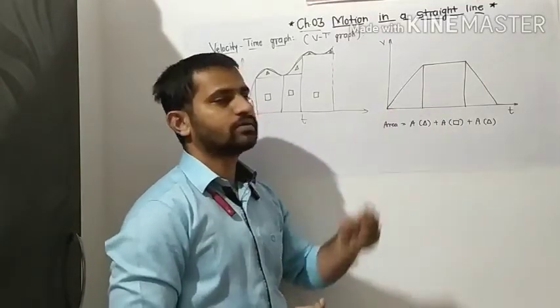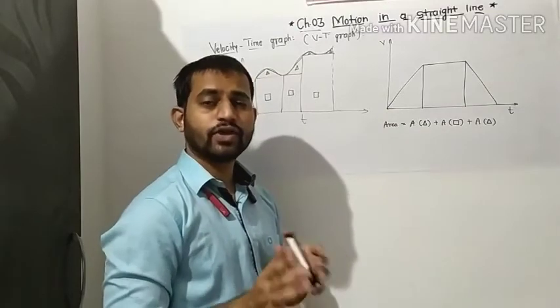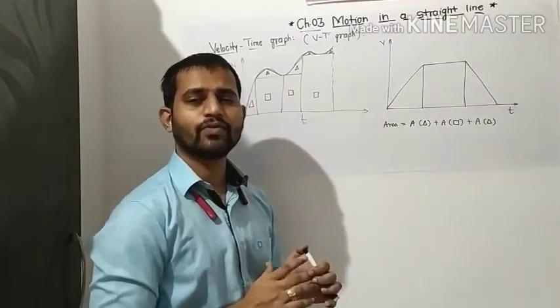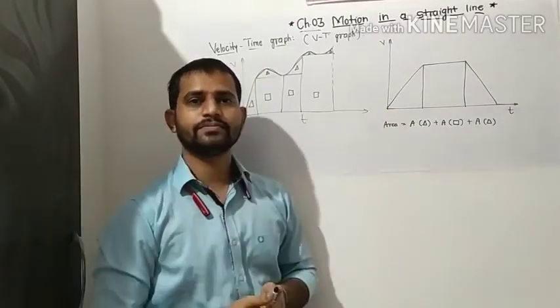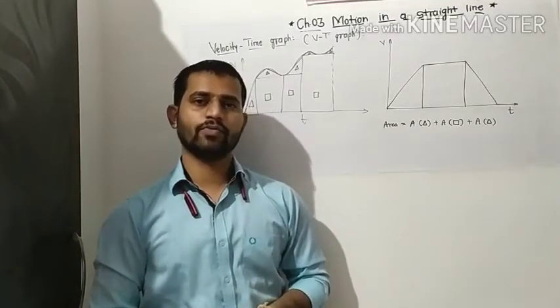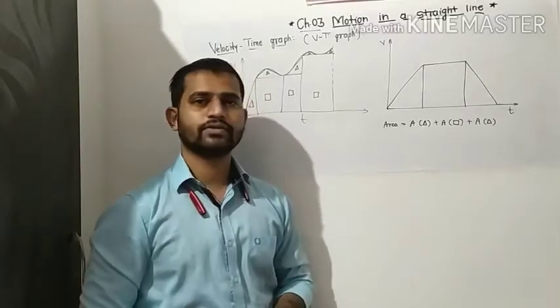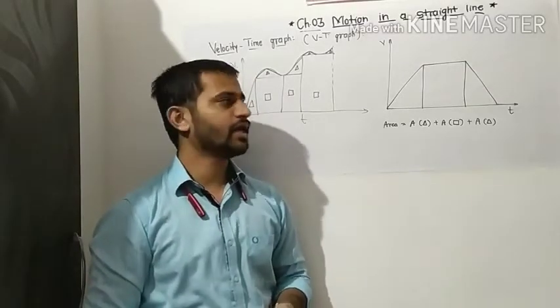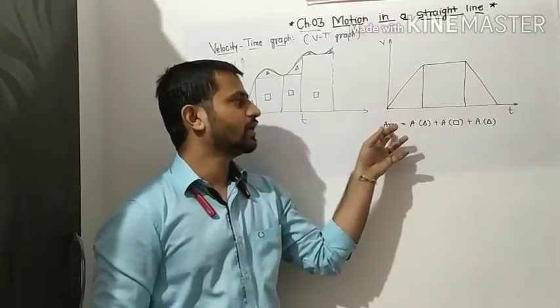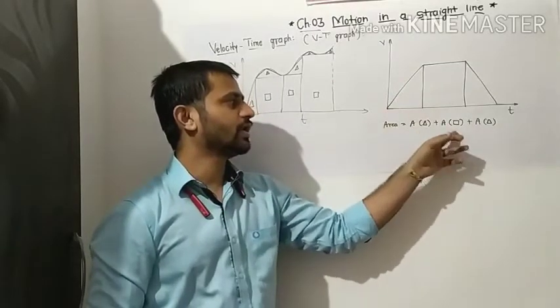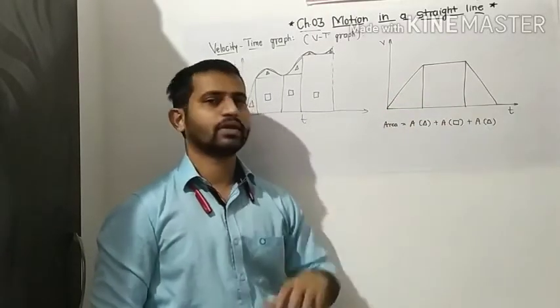So if we get the standard profile, then we can apply our standard formulas there, and we can find out the area for this graph. The area under this graph will be the area of the triangle, then the area of the rectangle, and the area of this rectangle.